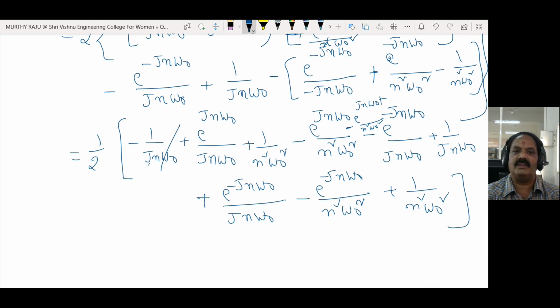Minus 1 by j n omega naught plus 1 by j n omega naught is cancelled. Here plus j n omega naught by j n omega naught, and minus j n omega naught t is not there by n square omega naught. This is cancelled. These two are cancelled. Here these two are present, and also e power minus j n omega naught by j n omega naught minus e power minus j n omega naught by j n omega naught.